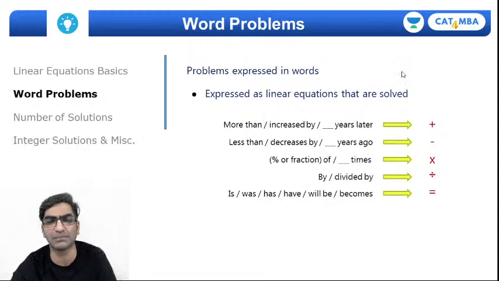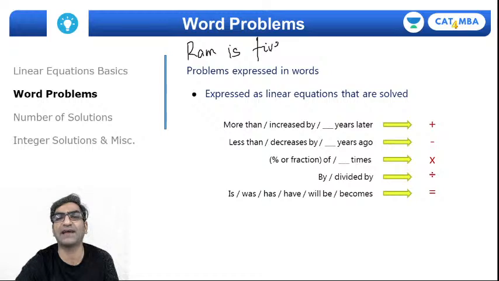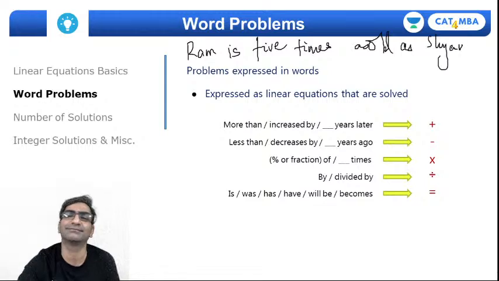Let's take an example, a simple statement. Supposing I say Ram is 5 times as old as Sham, right? Excuse my handwriting, but I hope it's clear enough. Let's go ahead and assign variables first of all.